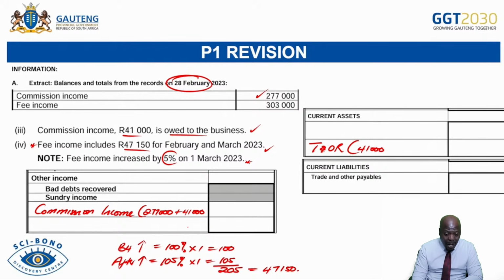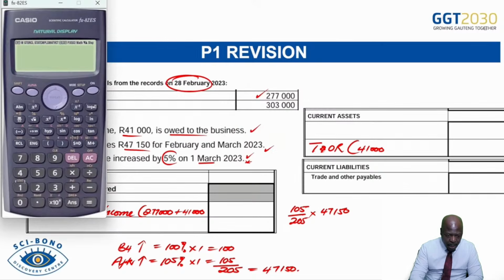So what we want now is the month of March, which has the increase, because that's the month that we've received in advance. So we come here, we say 105 over 205. Then we multiply this by 47,150. Let's see if we can do that. So we finally have our machine back.